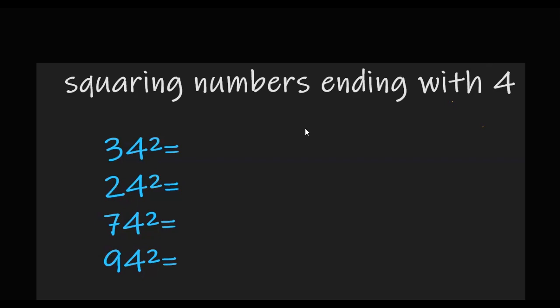Yeah. So how about squaring numbers that end with 4? This is also easy. Now the trick is, remember we said that if you want to square any number that ends with 5, you always write 25 at the end. Now we're going to use the same principle, but in a different way. So let's take first example 34 so that you understand better. So let's say, what is 34 squared? Now what you're going to do, we're going to add 1 to 34, it will give you 35, and then you square that, and then we will just subtract 34 plus 35.